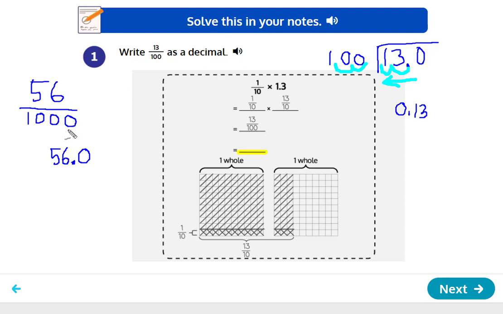And we have 1, 2, 3 zeros. So we're moving the decimal point 1, 2, 3 spaces. So our decimal point is now over here. And to fill in this empty space, we just put a 0. And then I like to have another 0. So our final answer is 0.056. It's that simple.